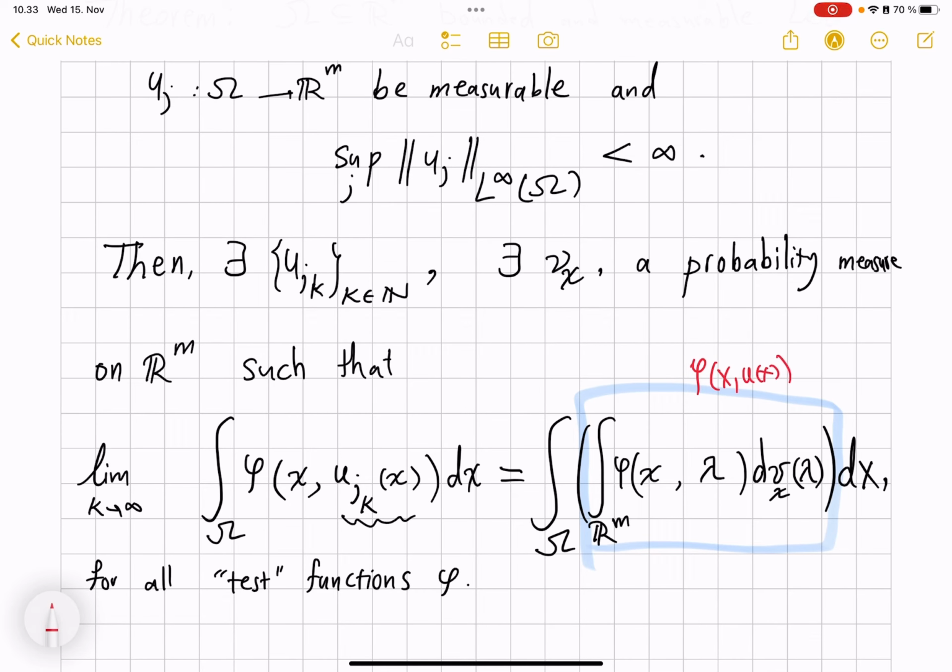So in this case, we see that if you take V_x to be the delta Dirac at u(x), then this integral will end up with that one.